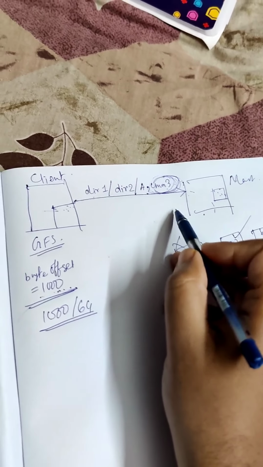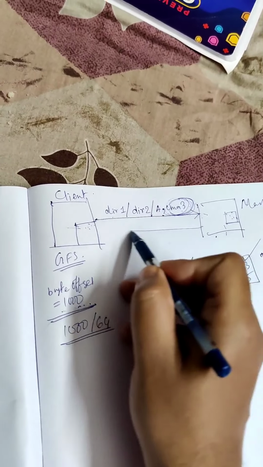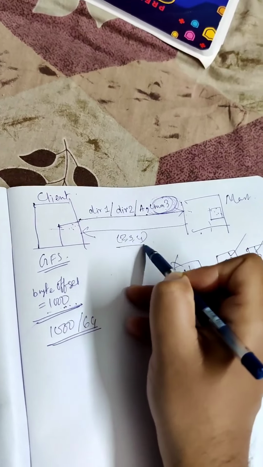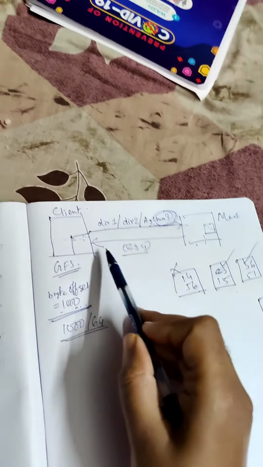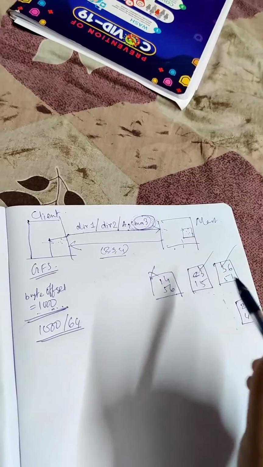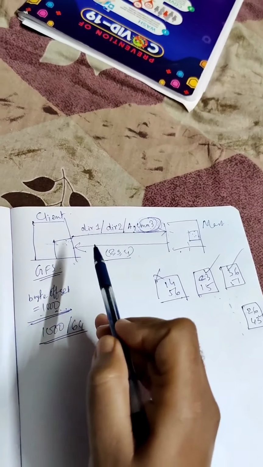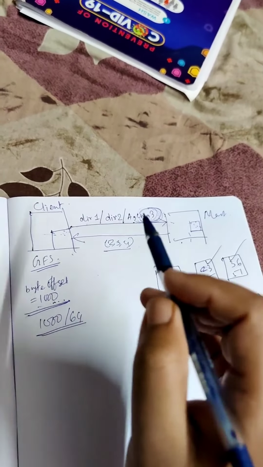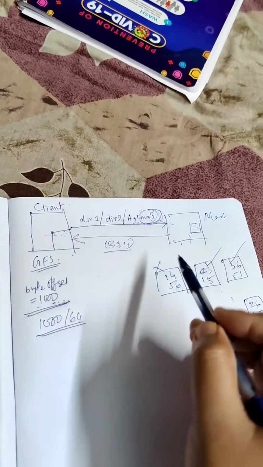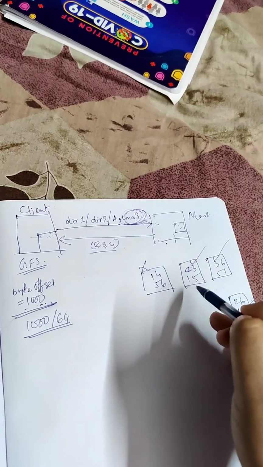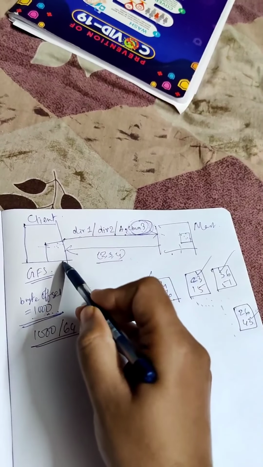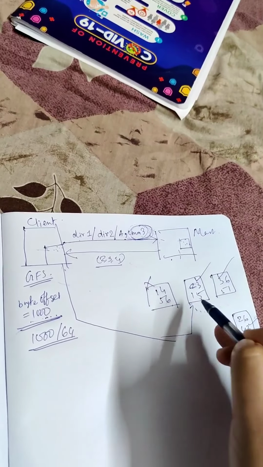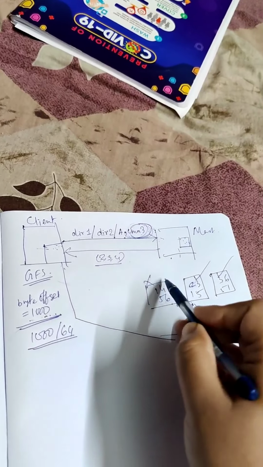The master returns that to the GFS software: yes, there are these 3 locations, 2, 3, 4, where your chunk ID 3 lies. Now the GFS software determines which one is going to be the closest to me. He determines that 2 is the closest, so he makes a request from there and reads the data.